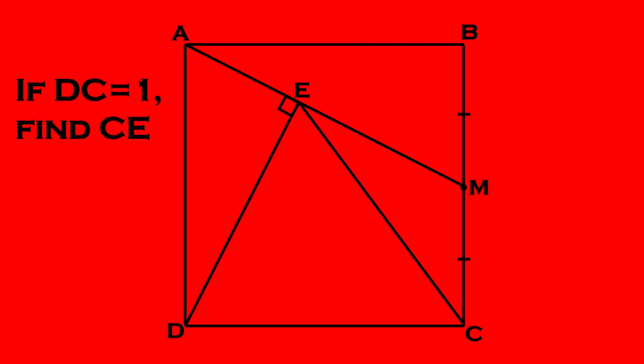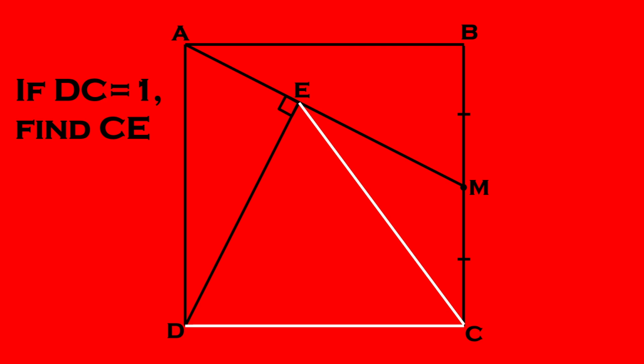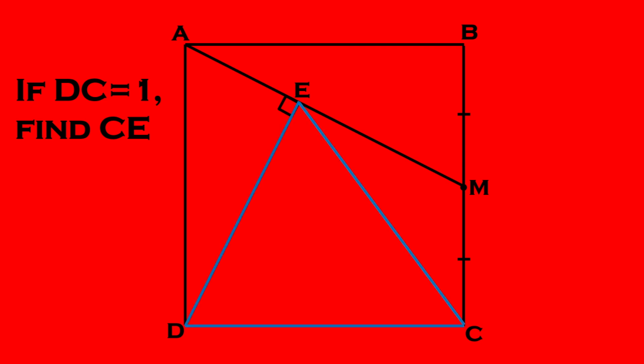So, if we observe carefully, we will notice that CE and CD seem to be equal. So, for me, the objective becomes to somehow prove that the blue triangle is isosceles.